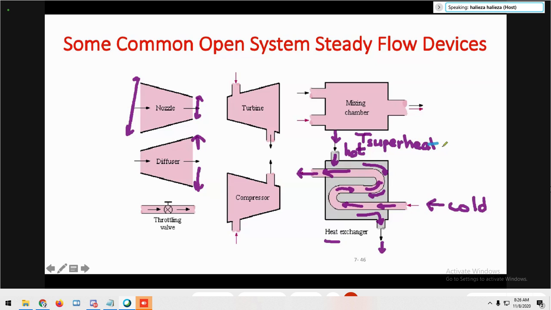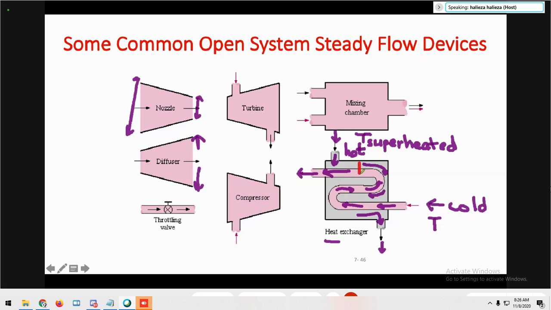This cold fluid should have a very low temperature. And since the superheated steam is hotter, let me change the color of the marker.